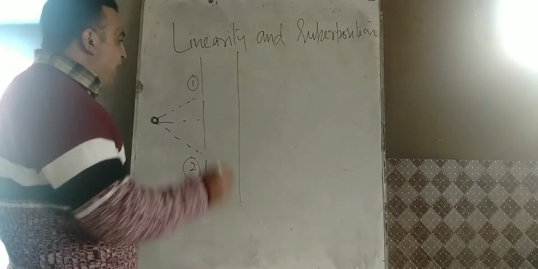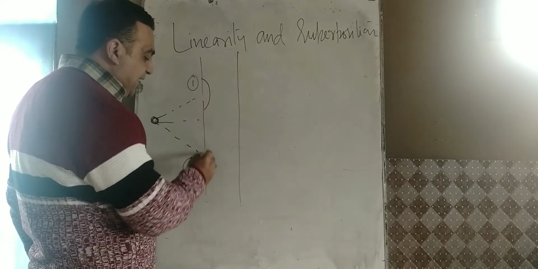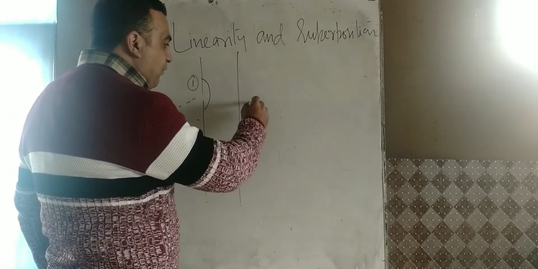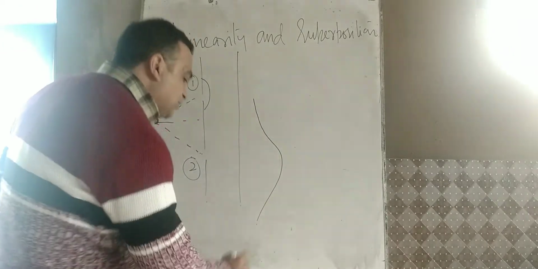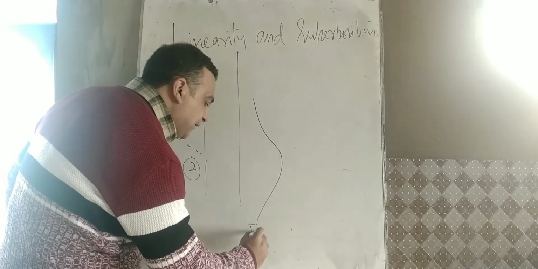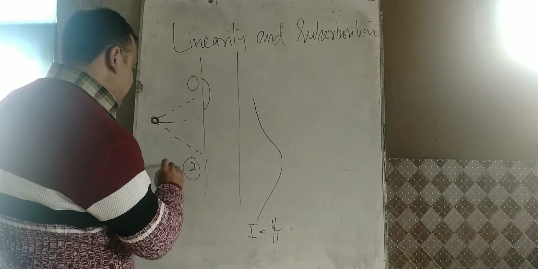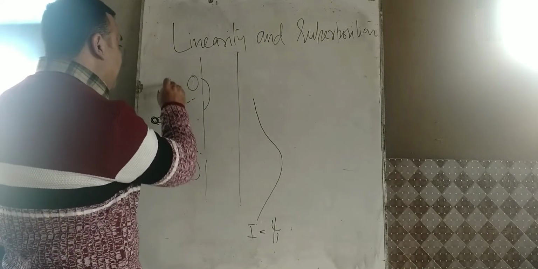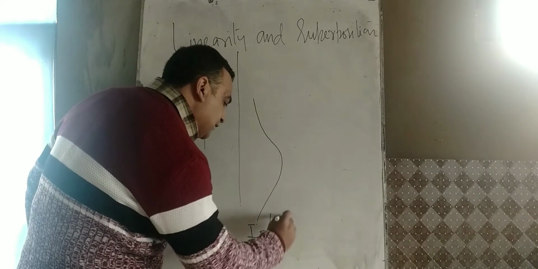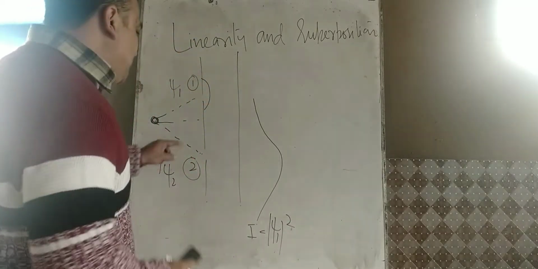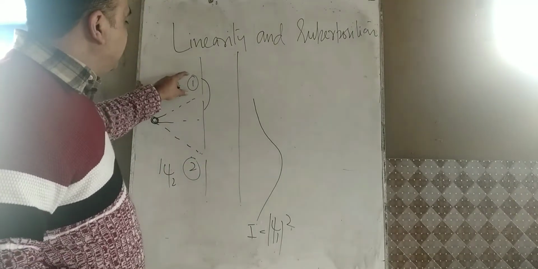Now, if I close slit S1 and keep S2 open, I will get the intensity distribution like this. So the intensity distribution may be assigned to psi 2, I will call this psi 2. I will assign the wave function with this as psi 1. So it will be psi 1 square. So we can expect a distribution of intensity in this fashion if I'm closing the slit S1.